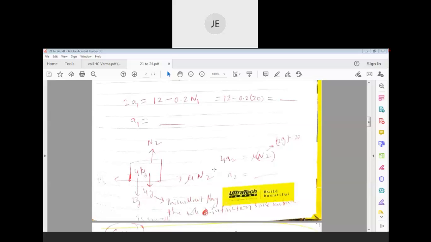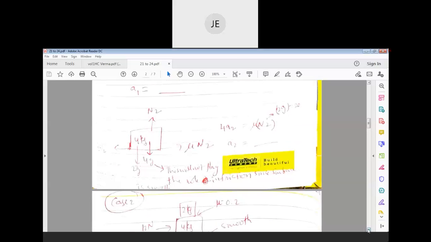So the net force on the 4 kg block is just the frictional force between the two blocks, and from there you can find the acceleration of the 4 kg block. The answer you get is 1 meter per second square. Very good.